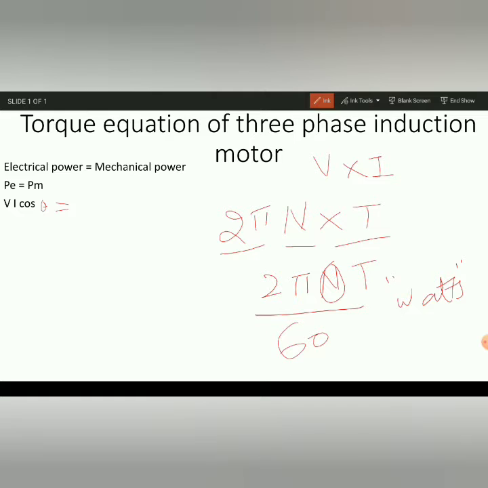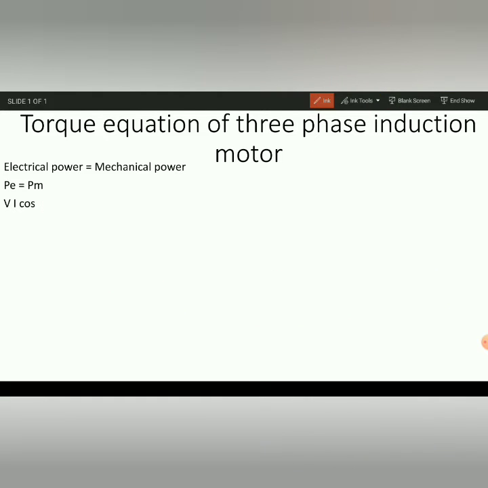But if we consider the speed in seconds, then there is no need of writing divided by 60. So simply the mechanical power is 2 pi n T. Fine. So we have electrical power and we have mechanical power.